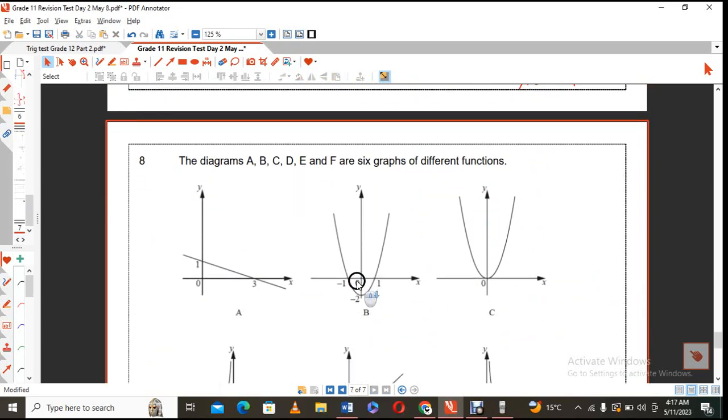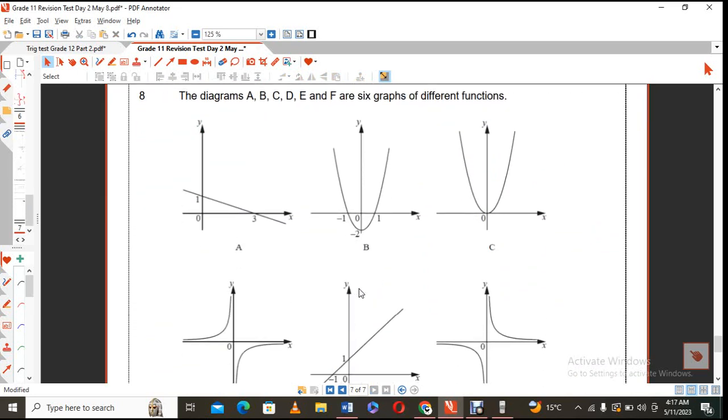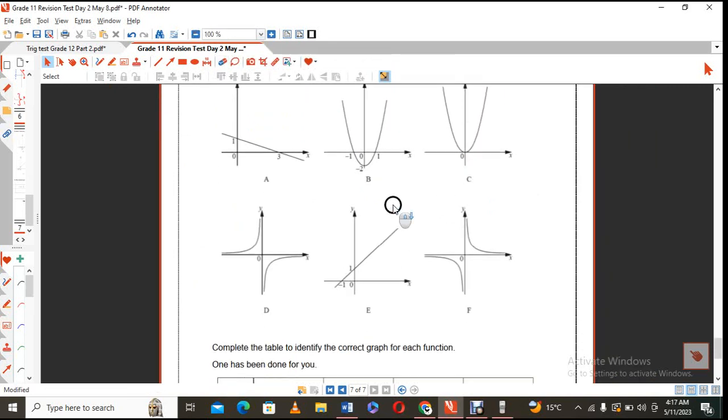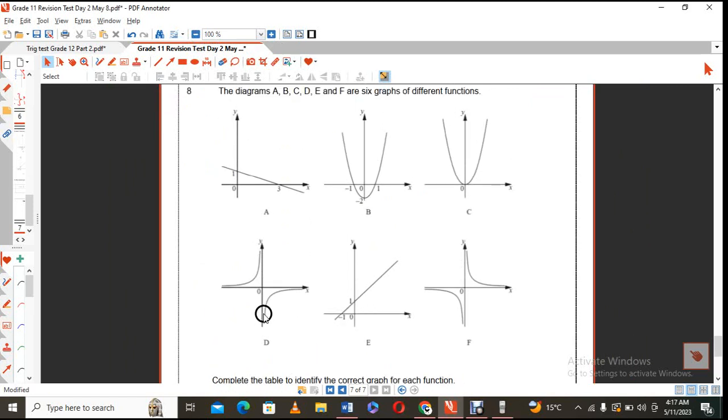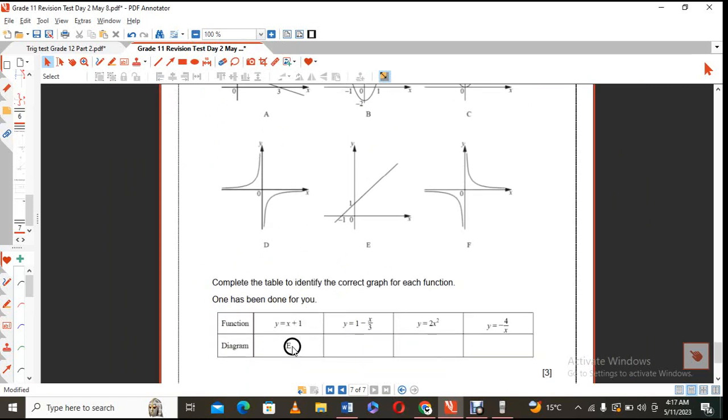The last question, you have 6 diagrams, and from these diagrams you're supposed to answer the following questions. I'm just going to make this small. Complete a table to identify the correct graph for each function. The graph of y equals x plus 1 has been indicated to you as E, as you can see.